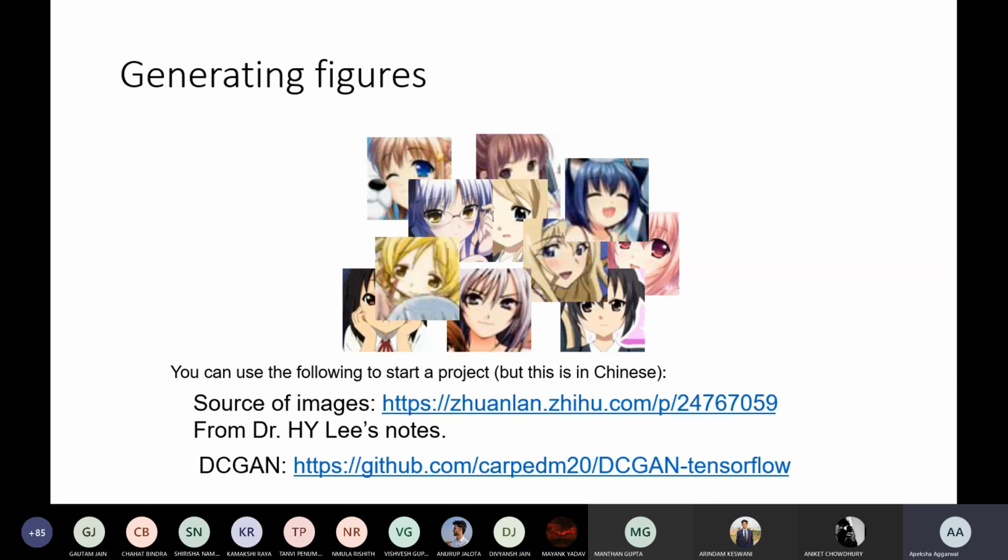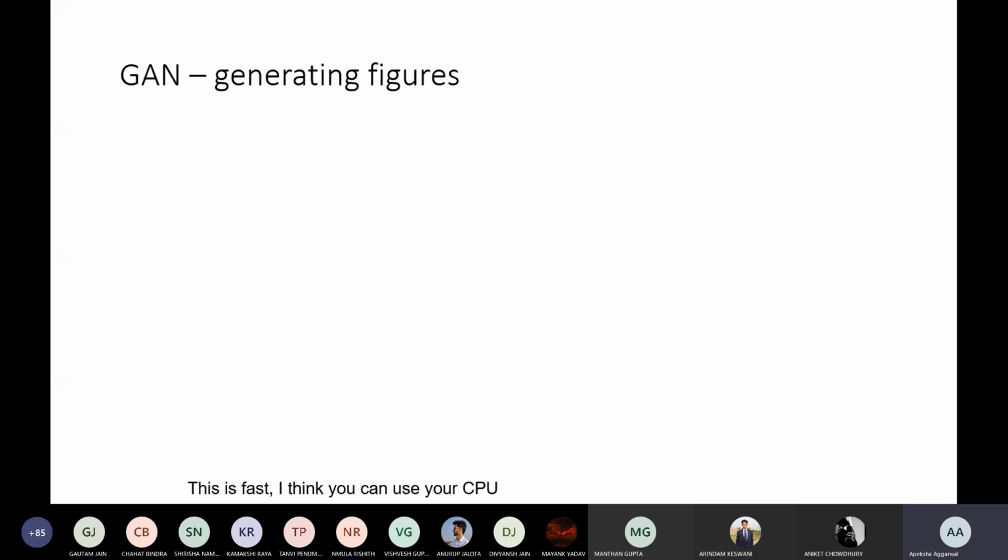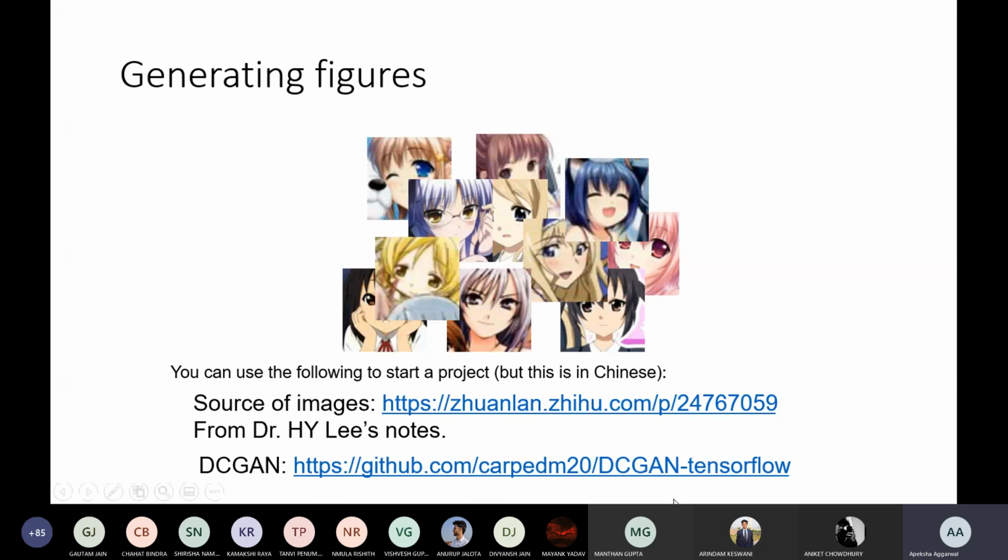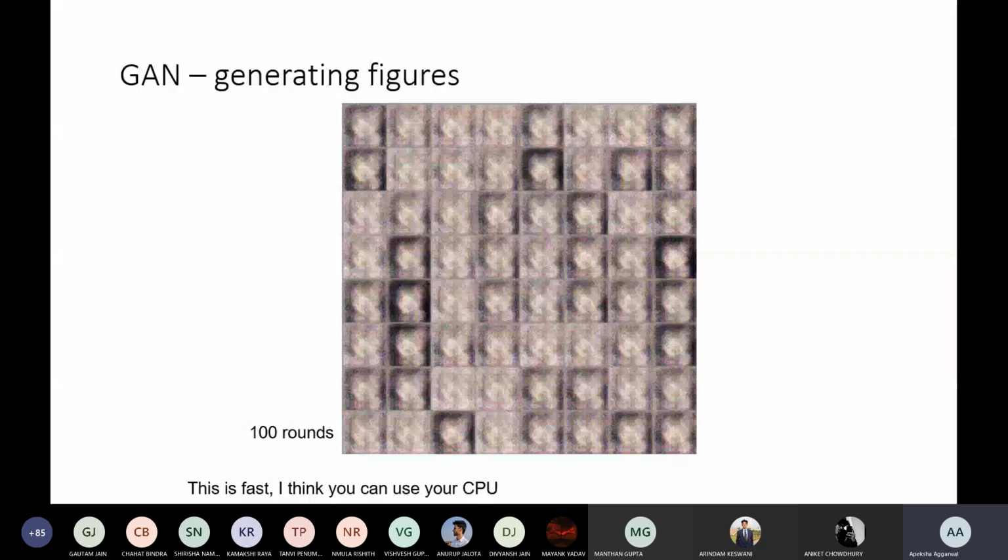Okay, in animation also it has done its work. Let's see, visit this, you will find the code for this, and you will find the set of images, this image data set. So you can see after the first 100 rounds of training, it has generated something.